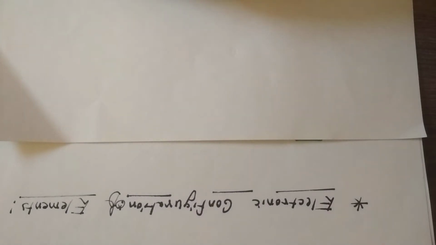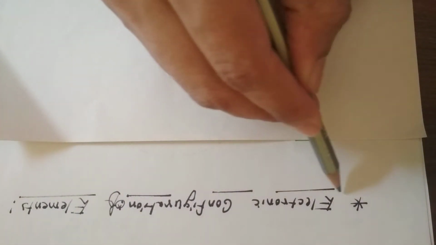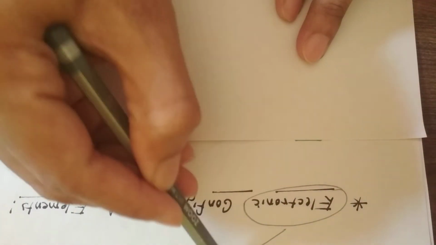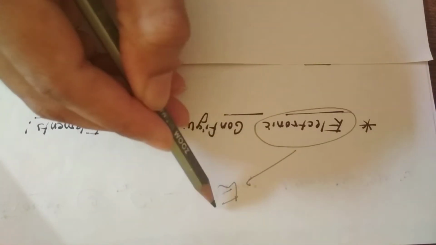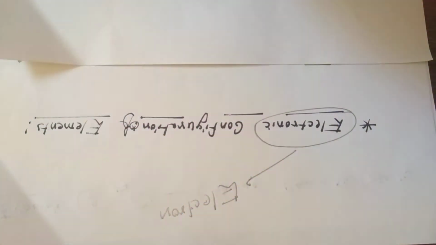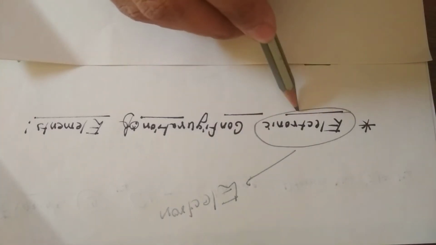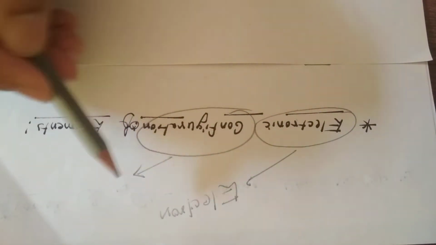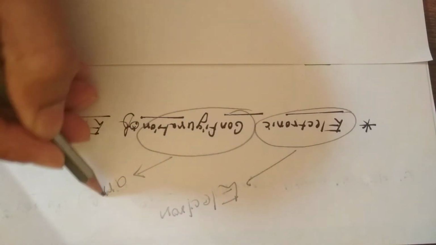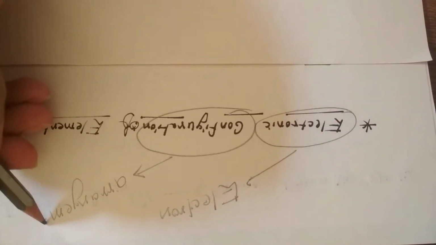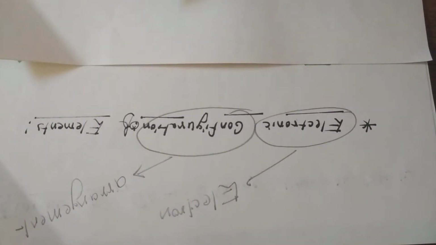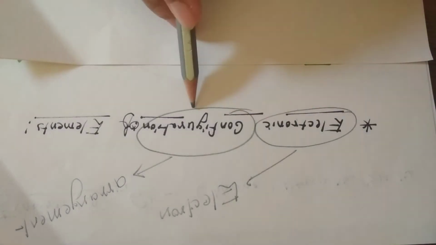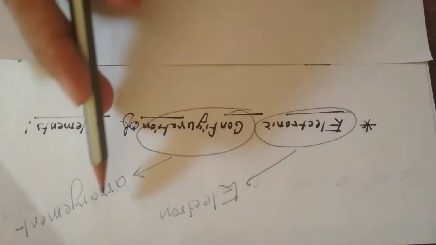If you look at these words, "electronic" comes from electron, and "configuration" means arrangement or distribution. So the meaning of electronic configuration is the arrangement of electrons.